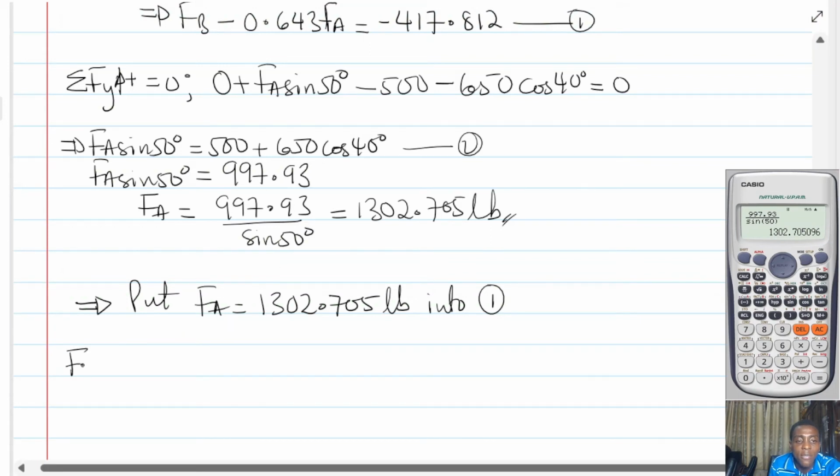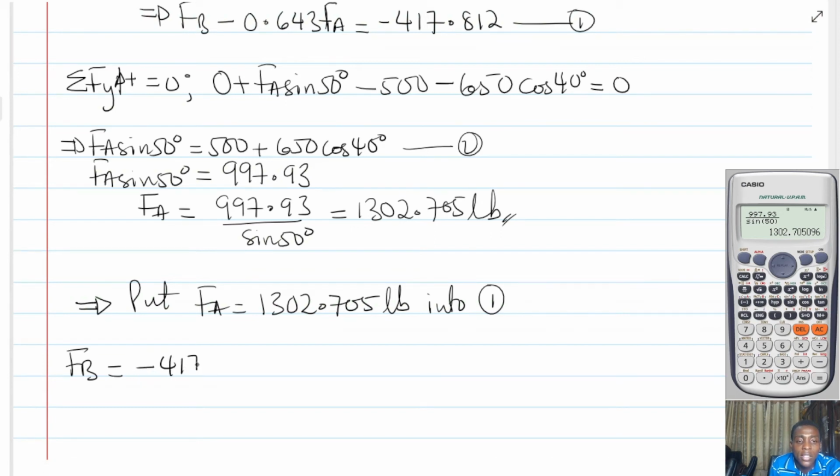I'm going to get FB as minus 417.812 plus 0.643 FA, which is 1302.705.